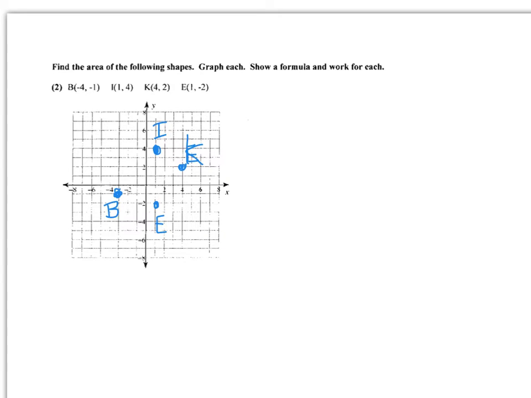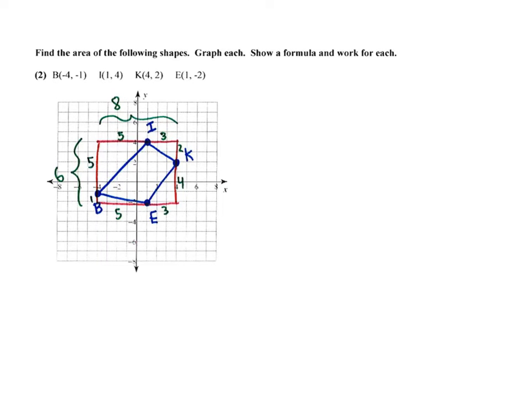Connect those letters with line segments, and then go ahead and circumscribe a rectangle around your quadrilateral and count the dimensions. Your picture should look like what I have down now, and now we can put our equation.